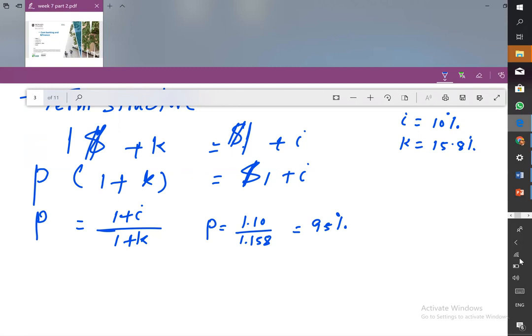So if the probability of payment is 95%, the probability of defaulting, which is 1 minus B, is 1 minus 95%, which is 5%. This is the whole issue.